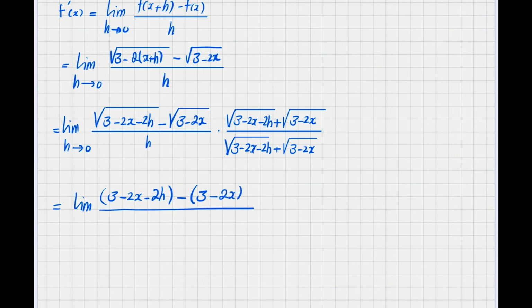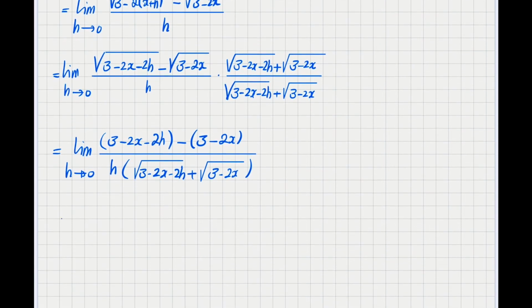In the denominator, I have to multiply the denominators, so I will multiply this in this form. So it is h times the square root of 3 minus 2x minus 2h plus the square root of 3 minus 2x, and then h is going to 0. But then I open the pair of brackets in the numerator to simplify this expression.